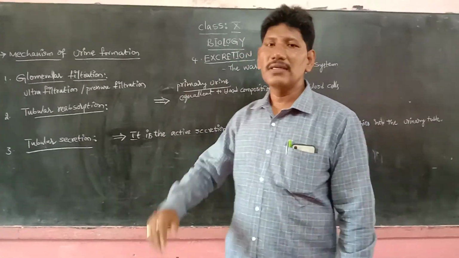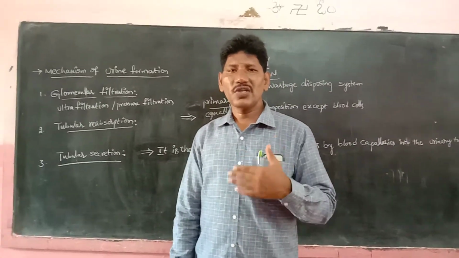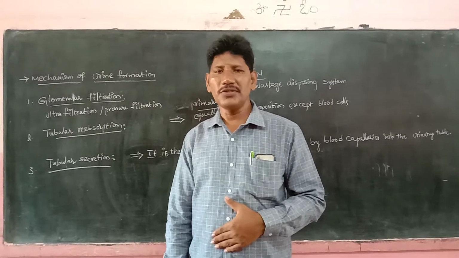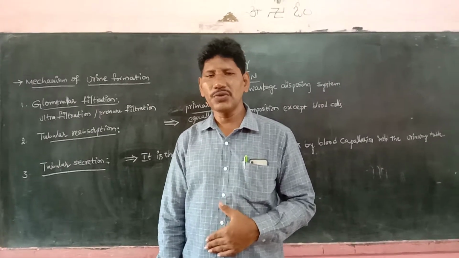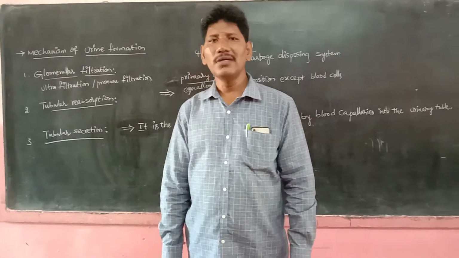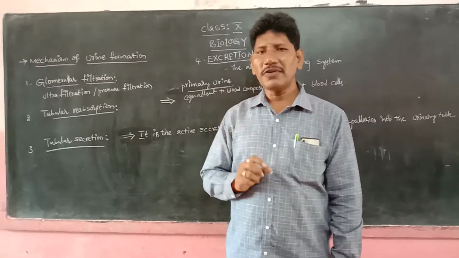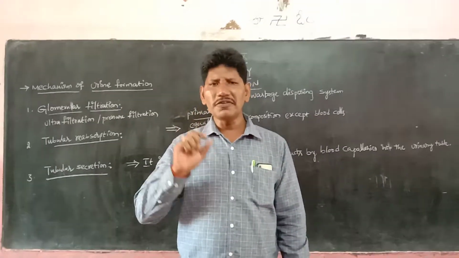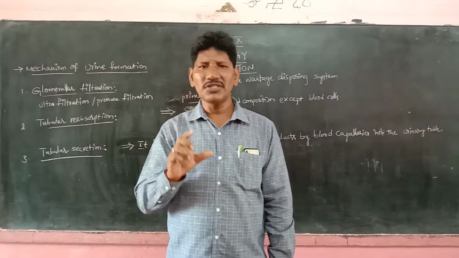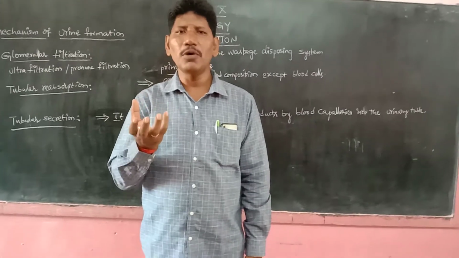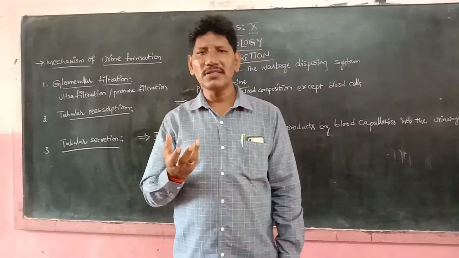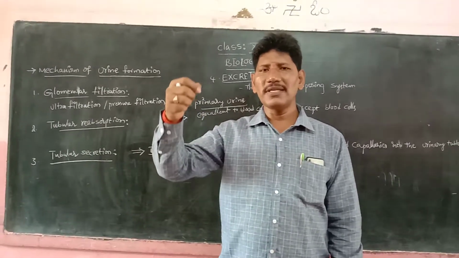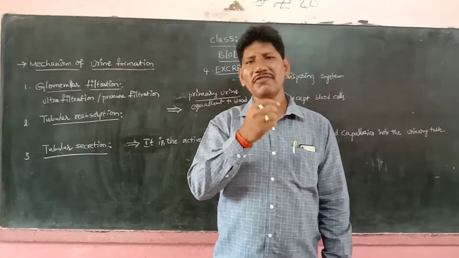The structural and functional units of the kidneys, as we know, are nephrons, or uriniferous tubules. In the previous video we learned about the structure of the nephron. It consists of mainly two parts. One is the Malpighian body, which is formed by the glomerulus and Bowman's capsule, where the afferent arteriole enters and comes out through the efferent arteriole.